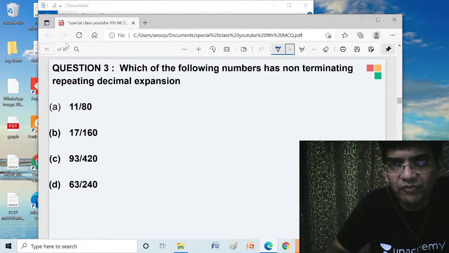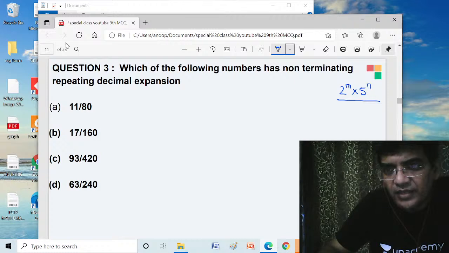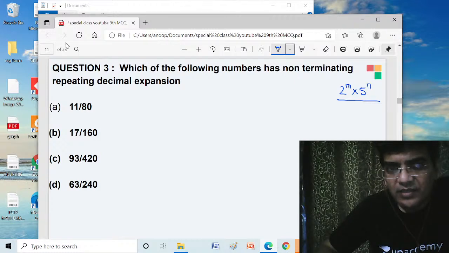If the denominator, after reducing, can be written in the form 2 raised to power m into 5 raised to power n, where m and n are whole numbers, then that is a terminating decimal. And the one which cannot be written in this form is called non-terminating.